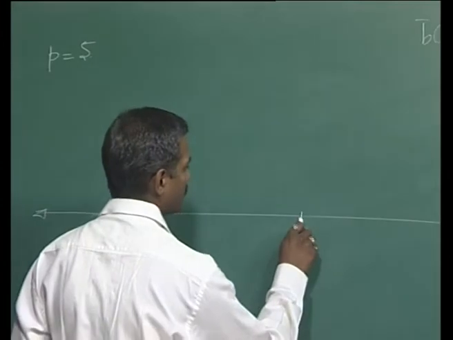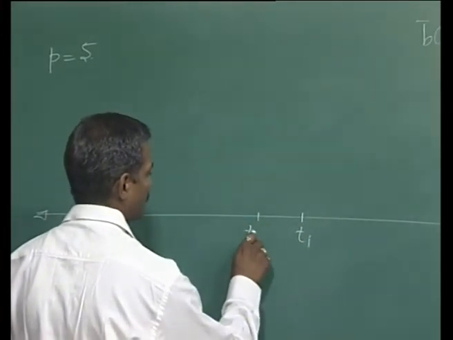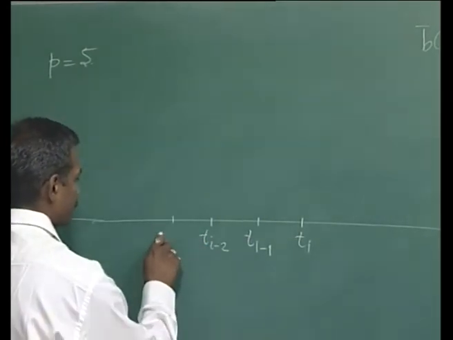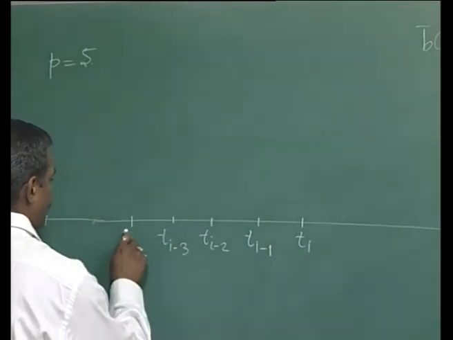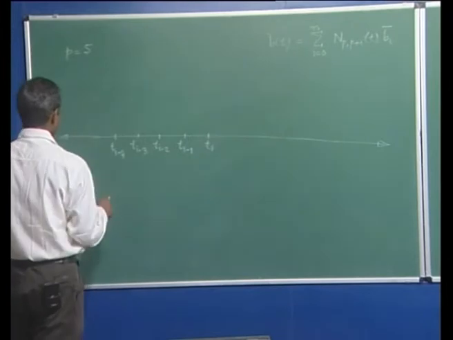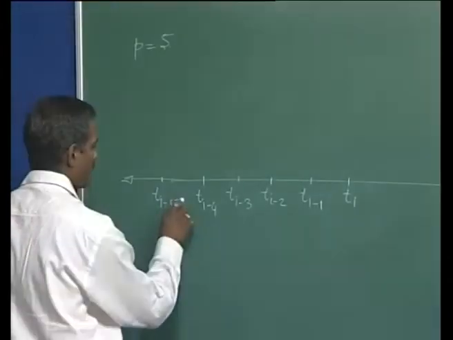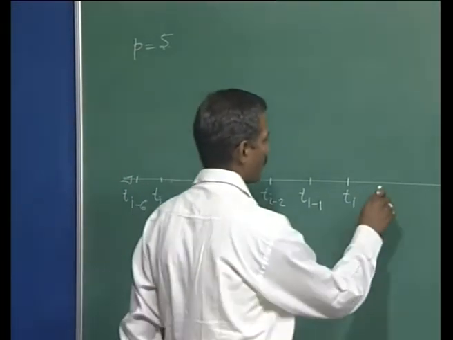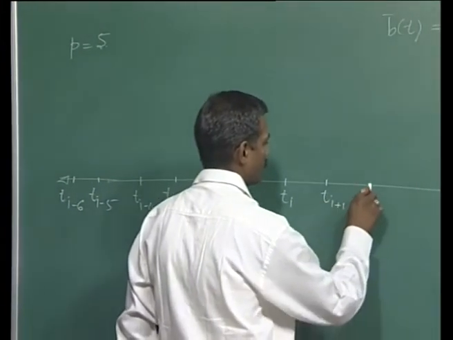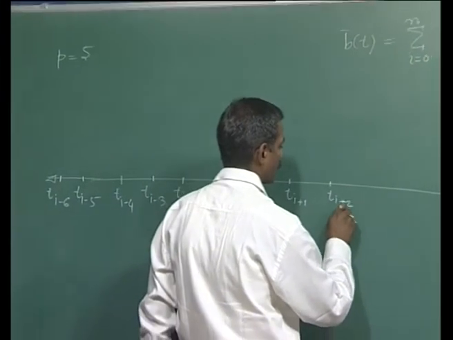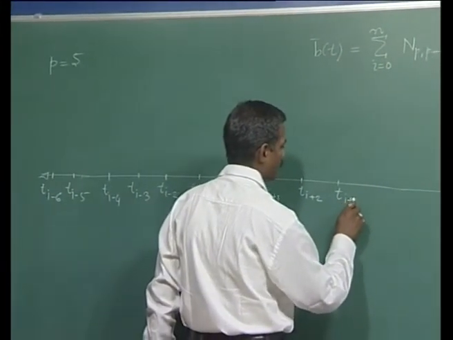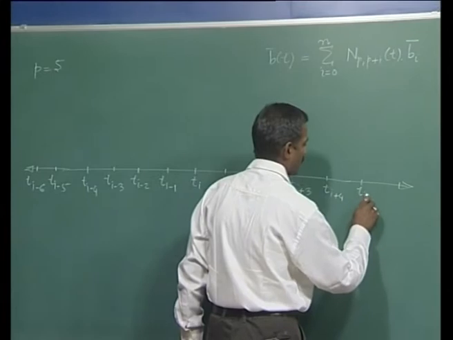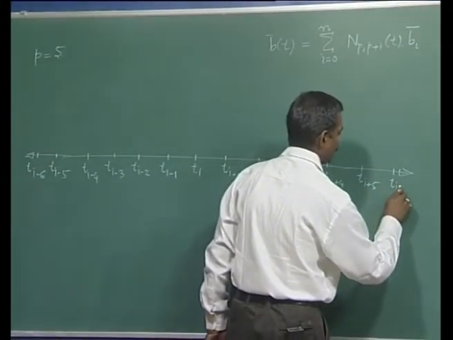Let's have an intermediate knot t_i. To the left, t_{i-1}, t_{i-2}, t_{i-3}, t_{i-4}, t_{i-5}, maybe t_{i-6}, and to the right we have t_{i+1}, t_{i+2}, t_{i+3}, t_{i+4}, t_{i+5}, t_{i+6}.